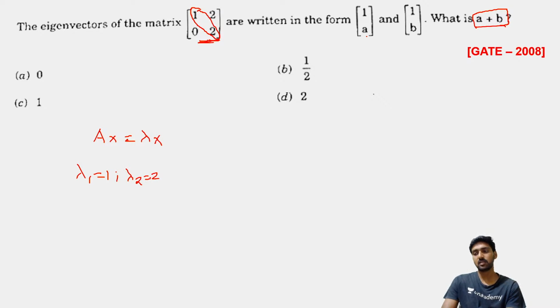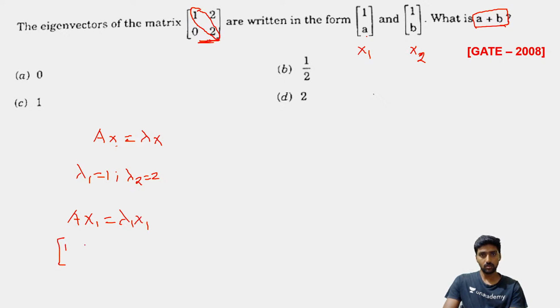It is not necessary to calculate. For a triangular matrix, the main diagonal elements are always the eigenvalues. Now for the matrix, let this be the capital X1, and this the capital X2. Now the first one: matrix into X1 is equal to lambda 1 into X1.